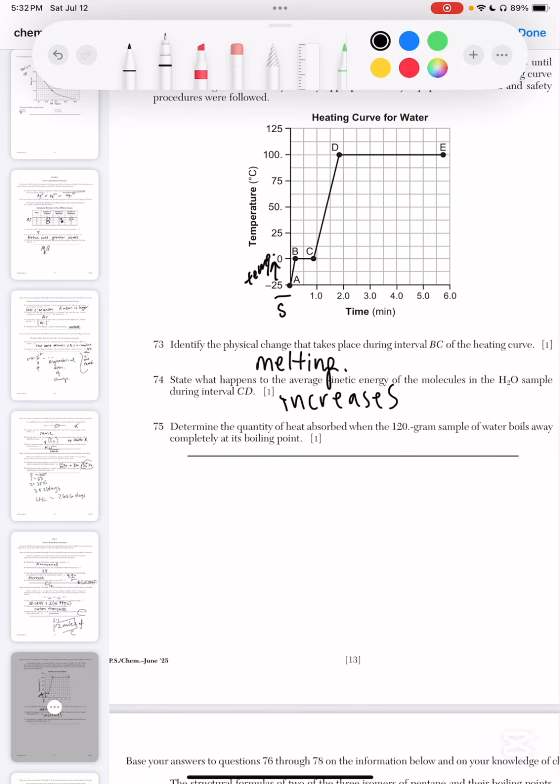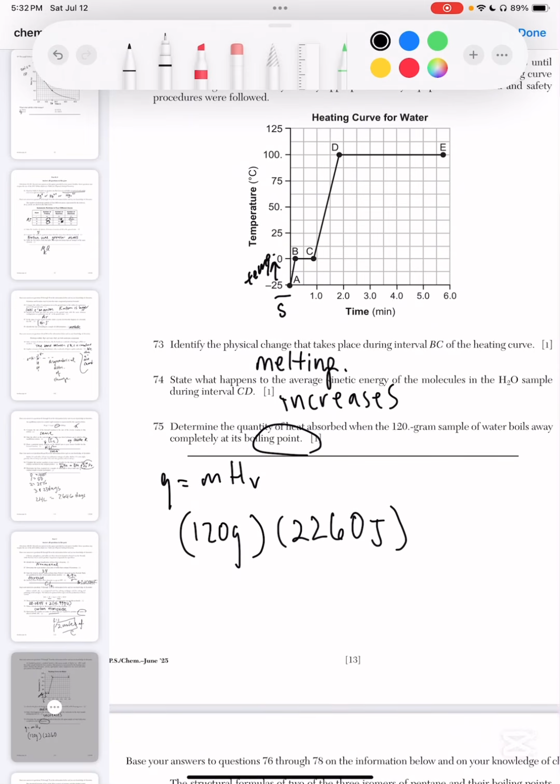Oh, I forgot to write the formula down, sorry. This is Q equals mHv, because it's the boiling point and not the melting point, so you need the heat of vaporization. And 120 grams times, I got 271,200.